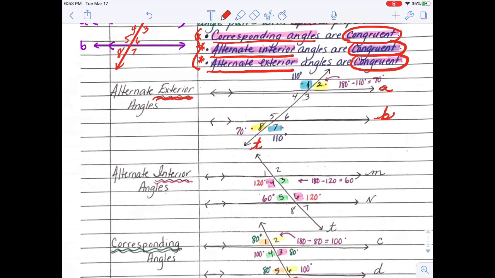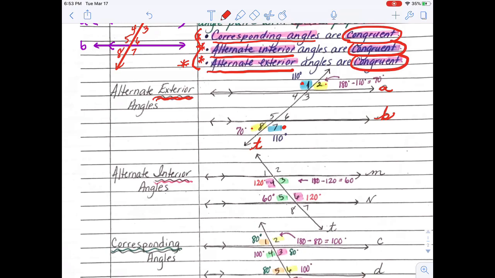Alternate exterior angles are going to be equal. Alternate means they're on the opposite side of the transversal line, and on the other parallel line. So angle 1, which I shaded blue, is the same as this angle right here. They are what we call alternate exterior angles.